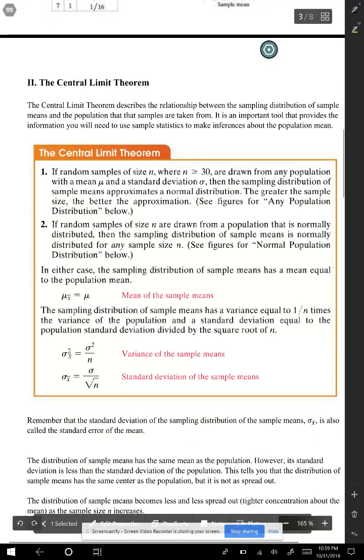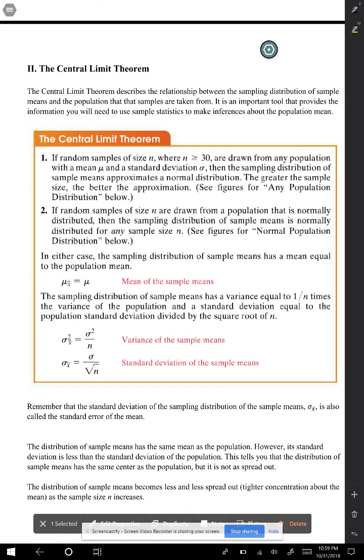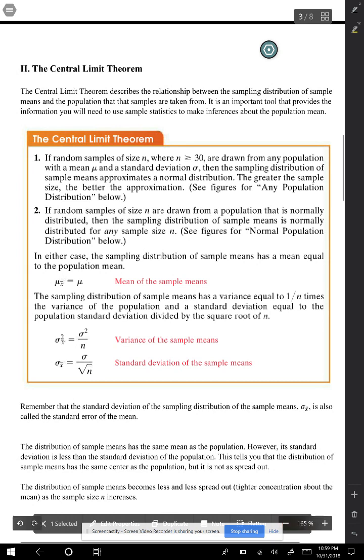All right, so the second thing we're going to look at is called the central limit theorem. The central limit theorem describes the relationship between the sampling distribution of sample means and the population. So we've already looked at a couple of properties that tied those together. This is a theorem that actually tells you that this is always the relationship between the sample means and the population the samples are taken from.